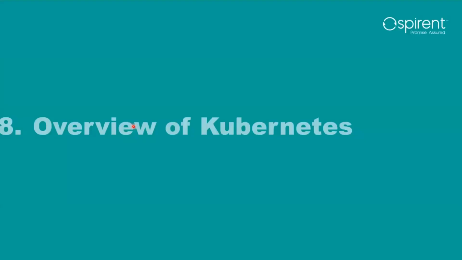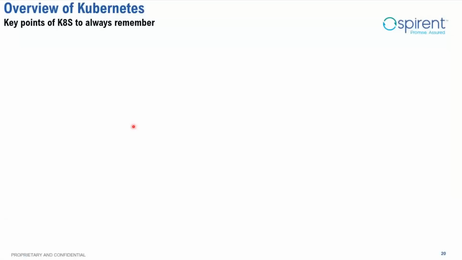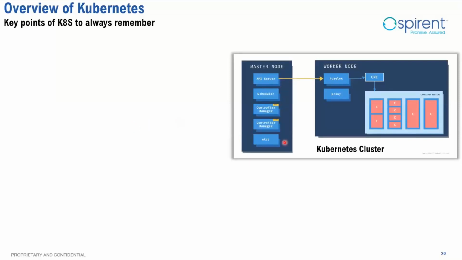This is my last slide, an overview of Kubernetes. So what is Kubernetes? There are some fingertips that you have to memorize. Kubernetes works in a master and worker node relationship. All the configuration is done here, and that configuration is implemented in the worker node. So again, control plane, data plane concept.